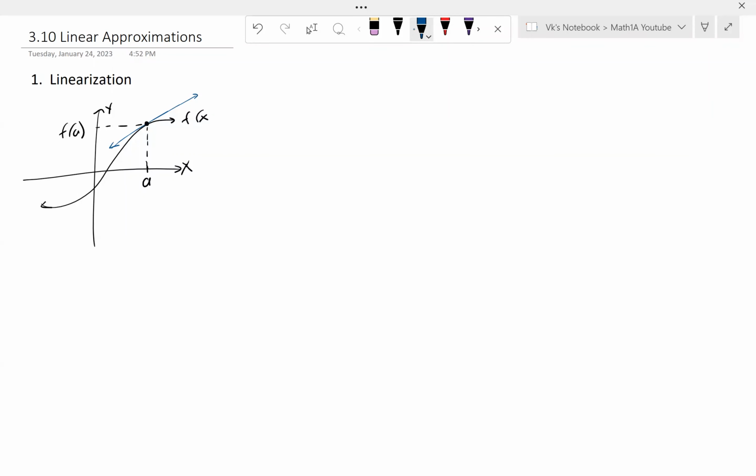Well, that is the tangent line. The equation of a tangent line is the linearization of the function at a particular number.